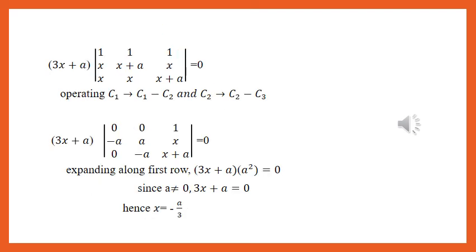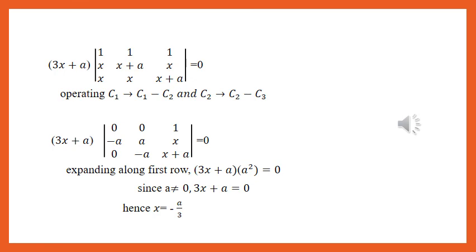Now we have taken 3x plus a common. So 3x plus a determinant 1, 1, 1, x, x plus a, x, x, x, x plus a is equal to 0. Now try to get zeros. This can be done. C1 as C1 minus C2 and C2 as C2 minus C3.